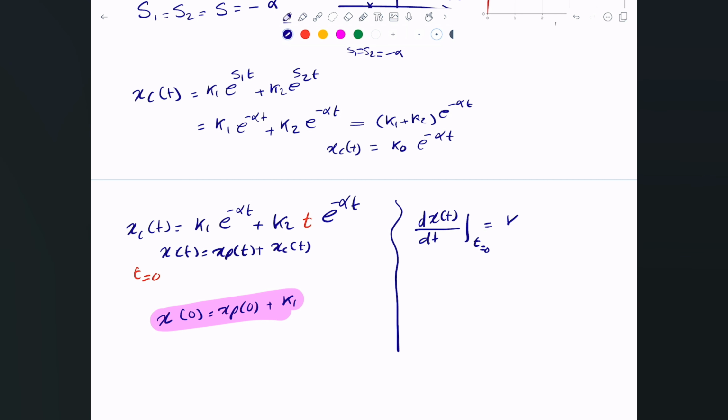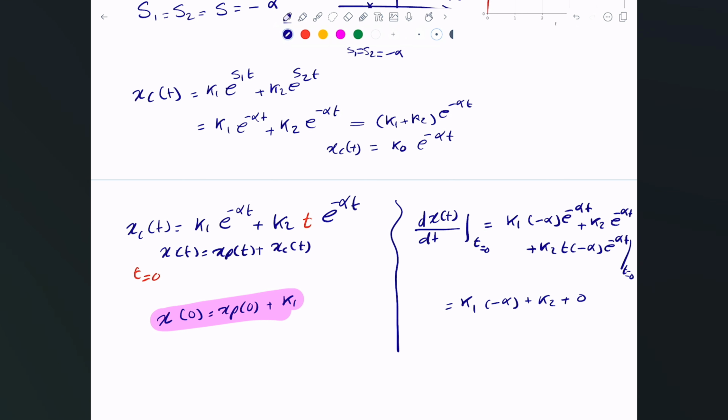What we'll end up with is k1 times negative alpha e to the negative alpha t, plus, for this one also, we have to apply the product rule: k2 e to the negative alpha t plus k2 times t times negative alpha e to the negative alpha t. Evaluating everything at t equals 0, we get k1 times negative alpha times e to the power 0, which is 1, plus k2 e to the negative alpha times 0, which is 1, plus 0 because there's a t in the last term.